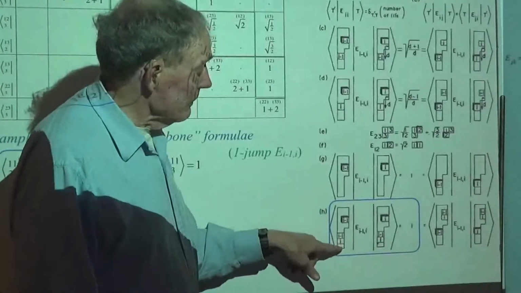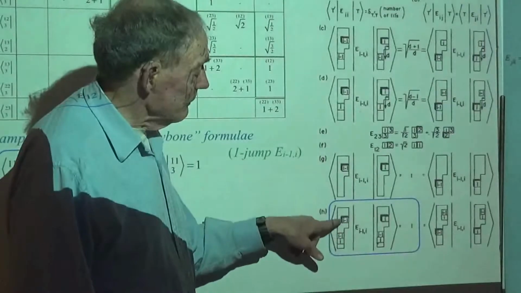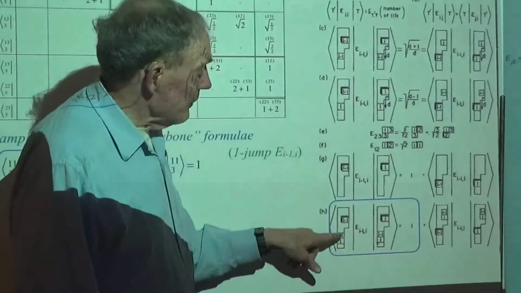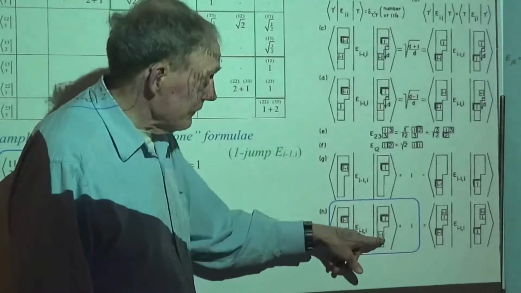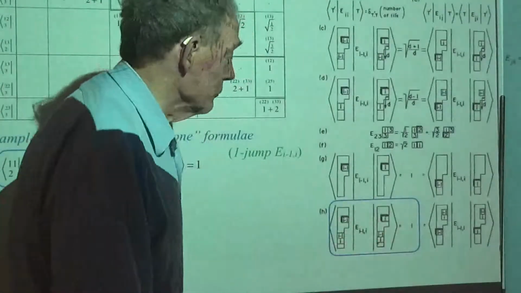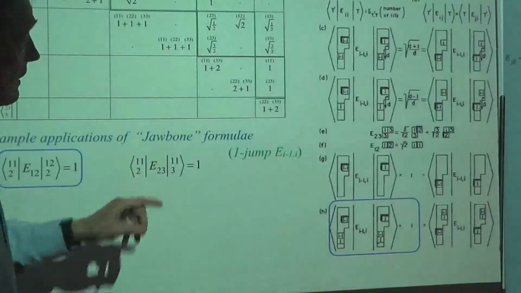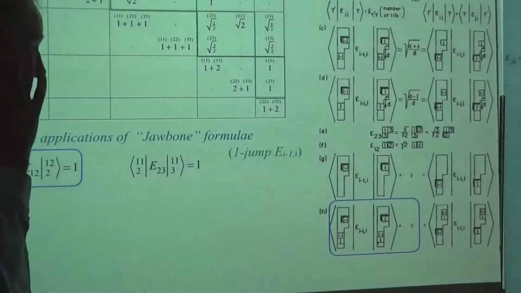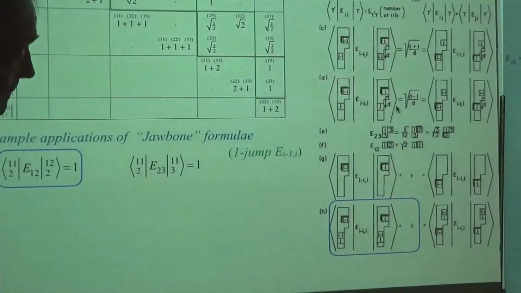And this is a particular case where the tableau has in the first column both I minus 1 and I. If that's the case, there's nothing fancy going on. This just becomes a 1. So each of these satisfy a fairly simple rule there.